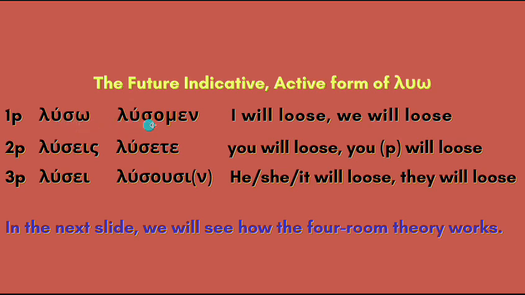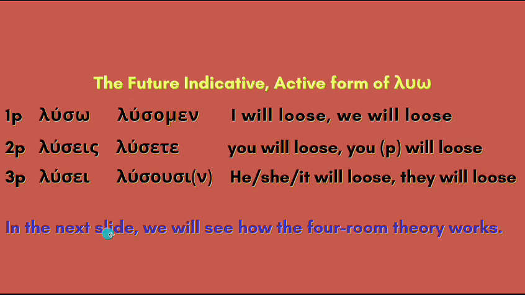Luso, lusomen, luseis, lusete, lusei, lusousin. I will loose, we will loose. You will loose, you plural will loose. He, she, it will loose. They will loose. And that is the third person, both singular and plural.